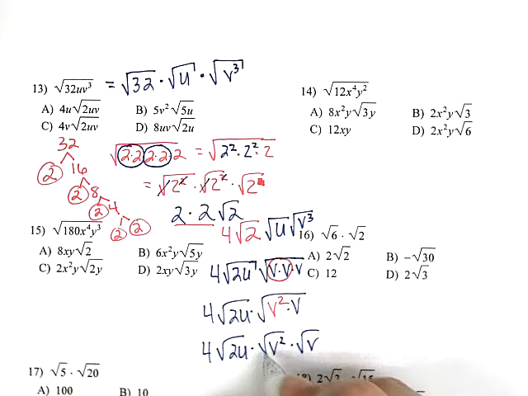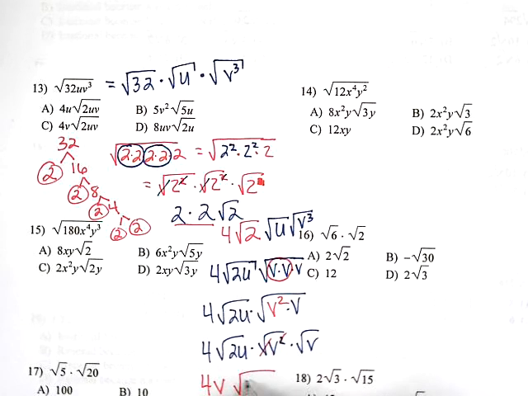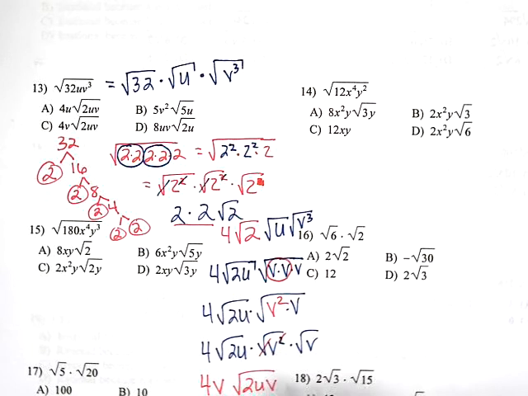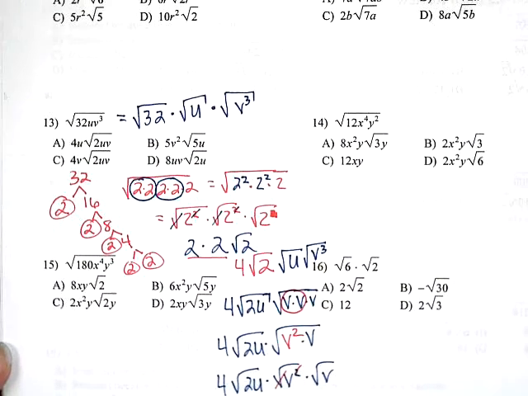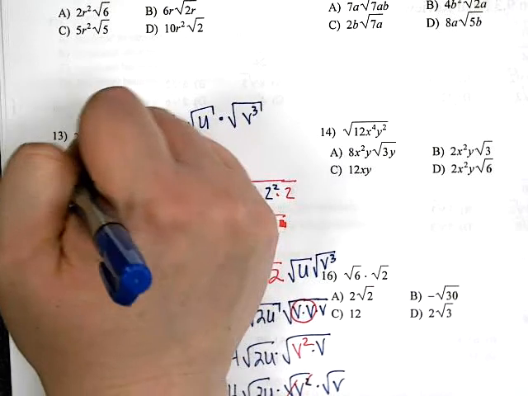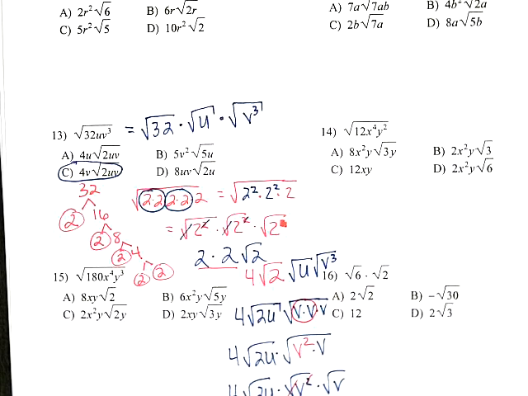And I luck out because this one will cancel. So this v is on the outside. It's going to go with the 4, making 4v. And then 2u and v are all stuck inside still. So the answer there would be 4v times the square root of 2uv. That answer would be choice C.